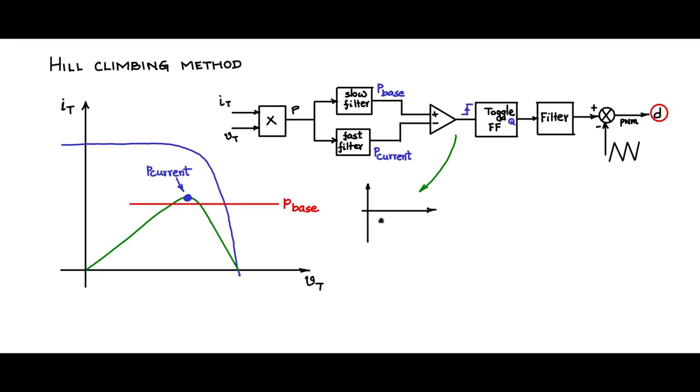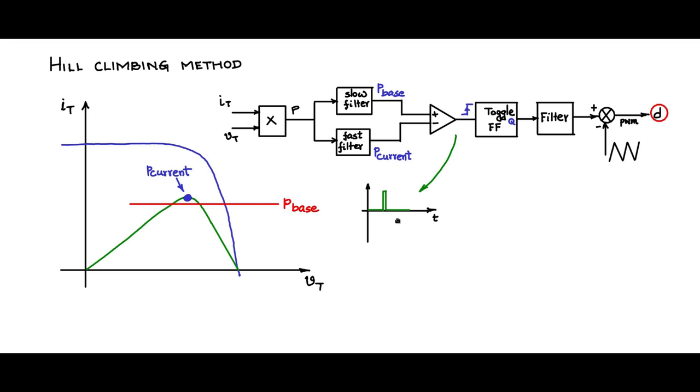So you will see that most of the time it will be 0, except when P current goes below P base. When it goes below P base, the comparator output becomes high, and then it will immediately become low because there is a shift in the duty cycle and P current again moves up.